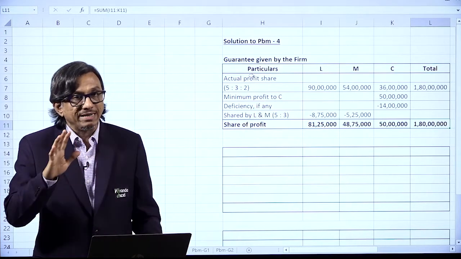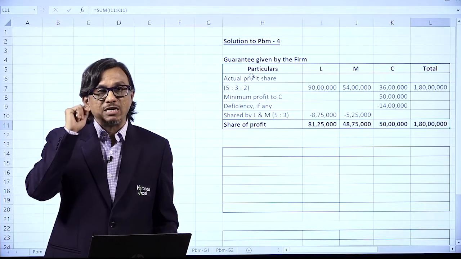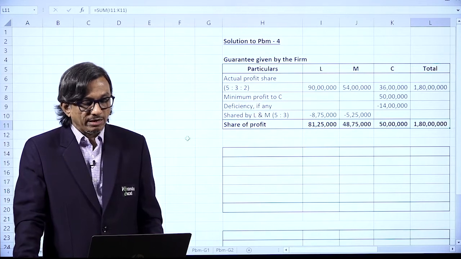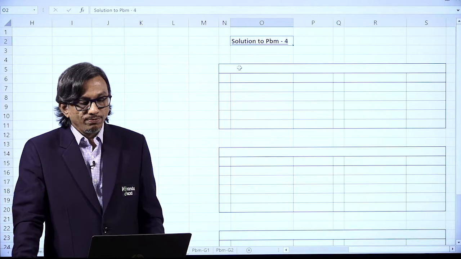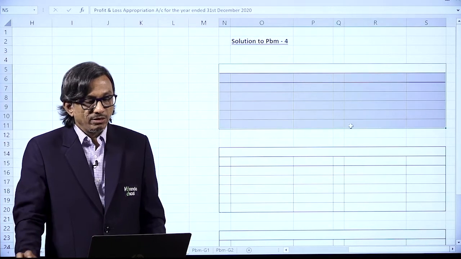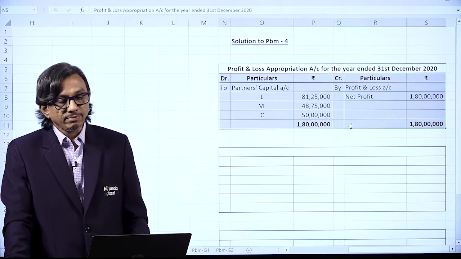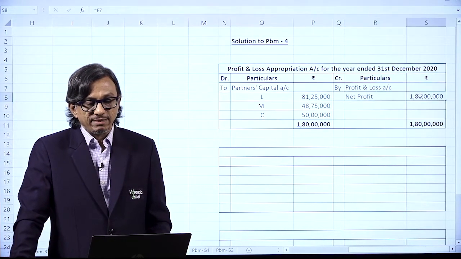We have calculated that, but we have to show this in the P&L appropriation account, is it not? How to show it? Let us go to the P&L appropriation account. Very simple. What is the profit? 180 lakhs.